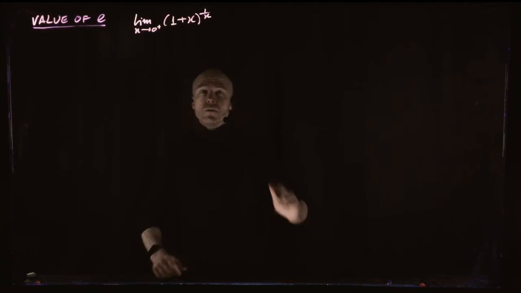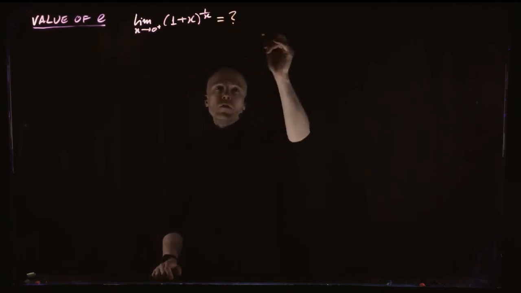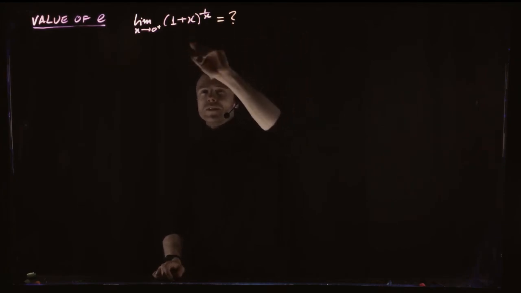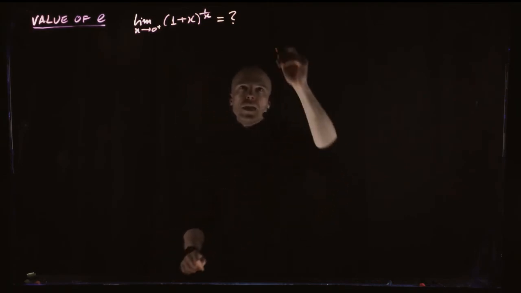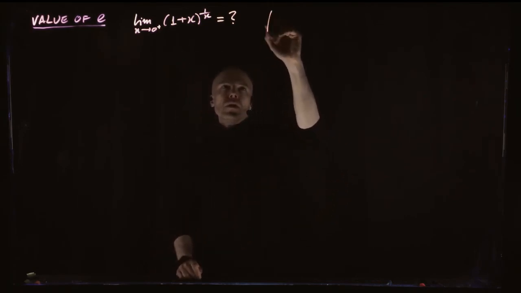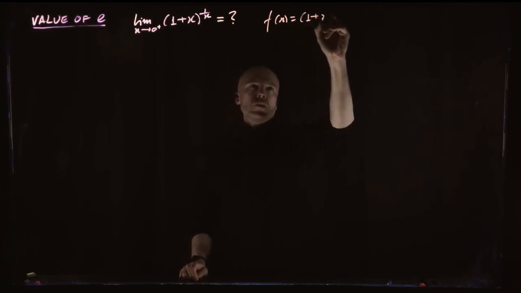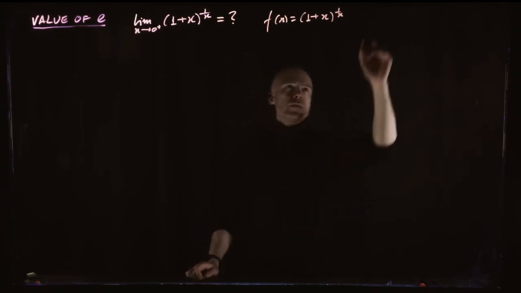So what we're going to do is we're going to take log of both sides. Okay, so if we take log, well, let me say not both sides here. Let's take log of this entire expression. So let f of x equal an expression like this, and then let's take log of it.